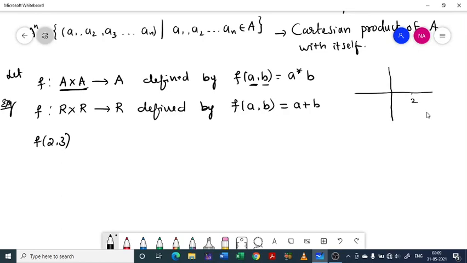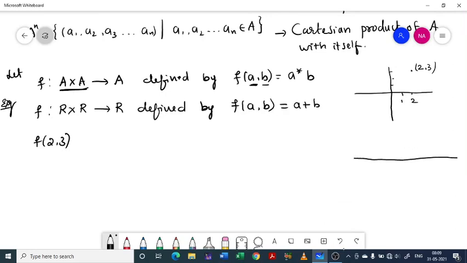Somewhere you will have 2 here and 3 somewhere here, so this is the element (2, 3), and this is the number line.